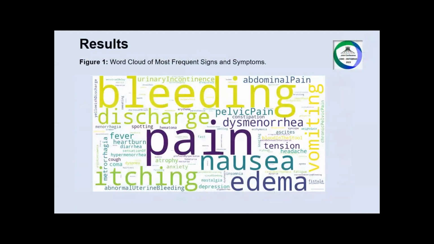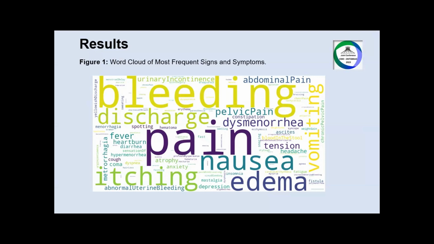This is the main results that we retrieved from natural language processing. The most frequent terms were bleeding, pain, discharge, dysmenorrhea, itch, edema, nausea, and others.